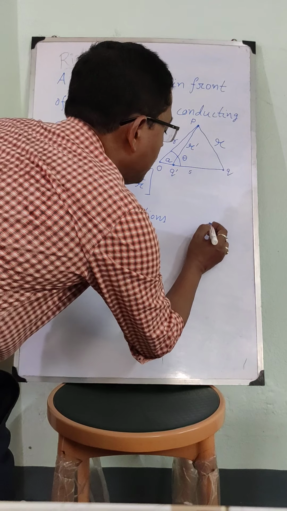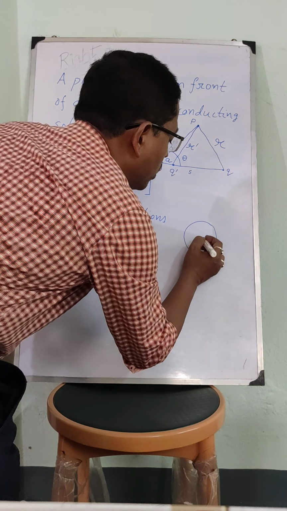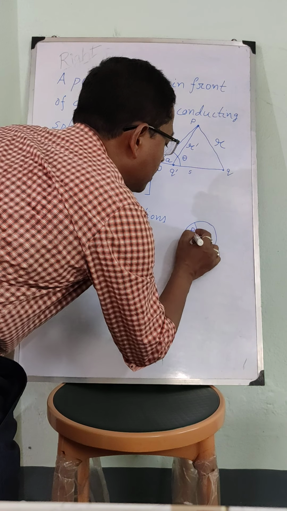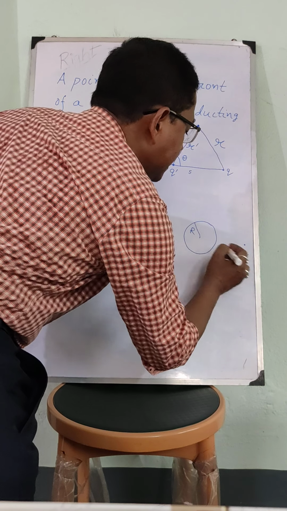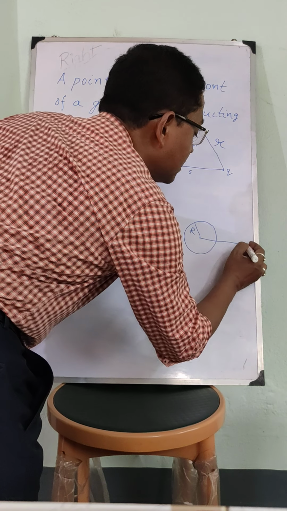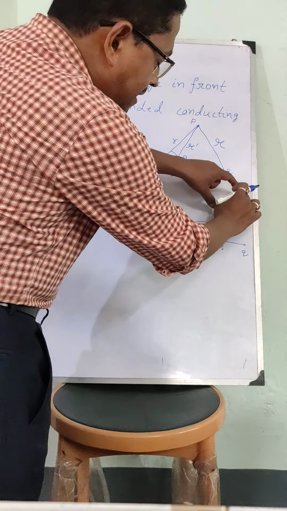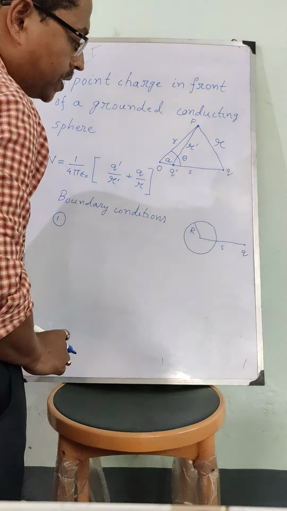Now see, our original problem is I have a sphere here, conducting sphere of radius R, and a point charge q is sitting here. This distance is S. Now, we are interested to calculate the potential outside the conducting sphere.